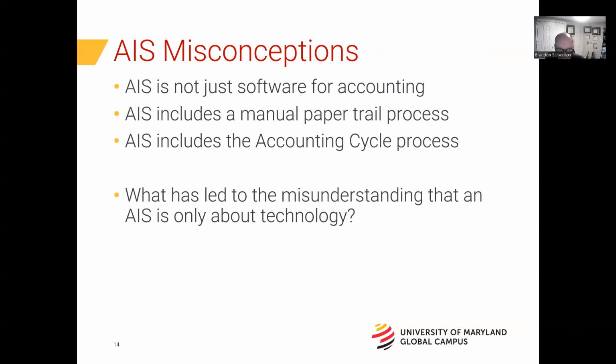There's a lot more involved there. And of course, it follows the accounting cycle. So the discussion question for the week is, what has led to the misunderstanding that accounting information systems is only about technology? For this discussion, please do a little bit of outside research. Also, make sure that you are reading the weekly readings in the classroom.